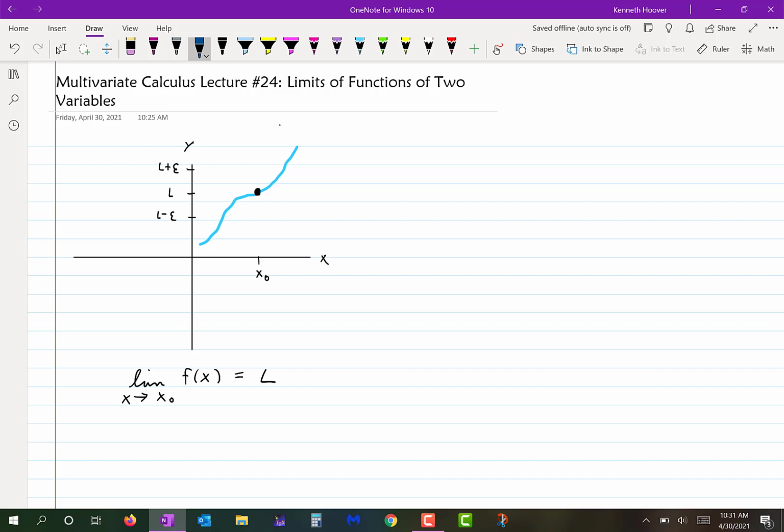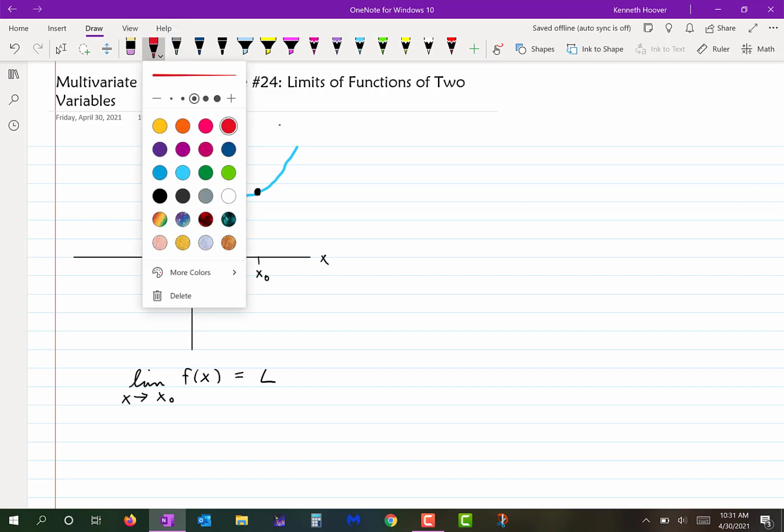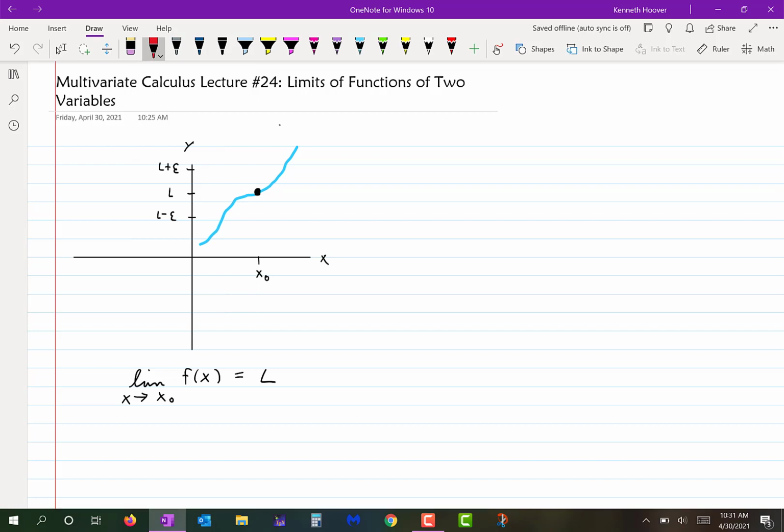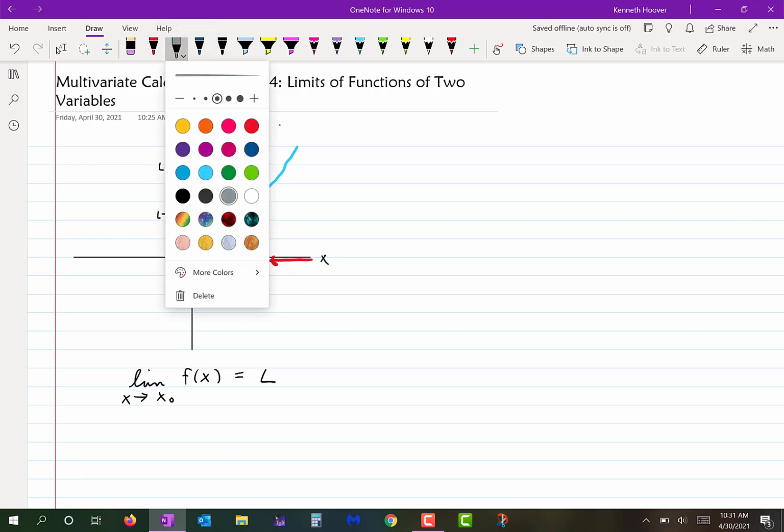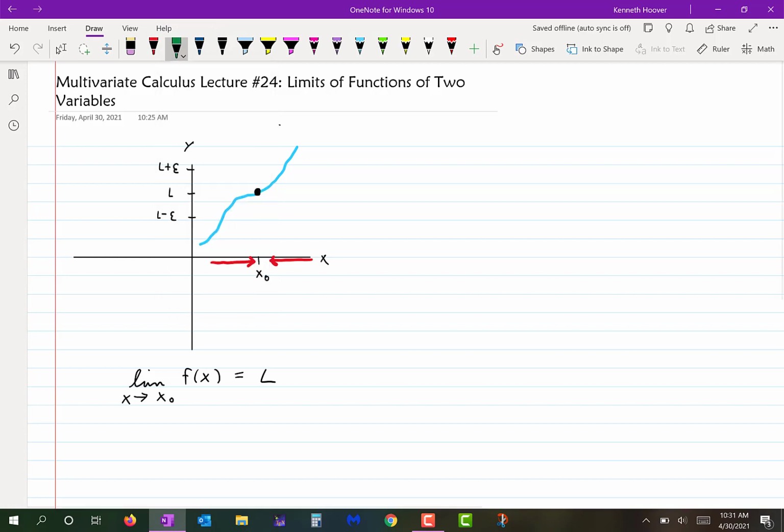Okay, where as x is approaching a value x naught, y is approaching the value L. And the graph of the function is approaching the point x naught comma L.